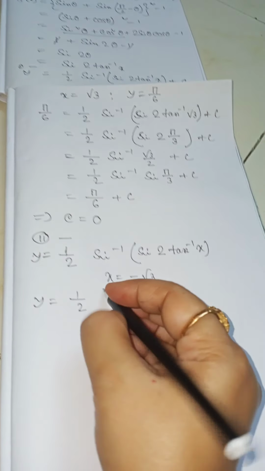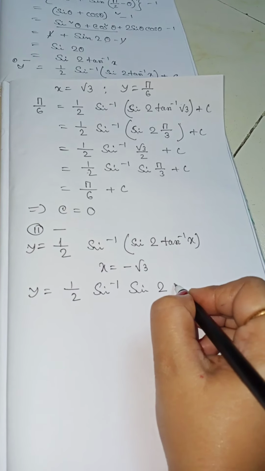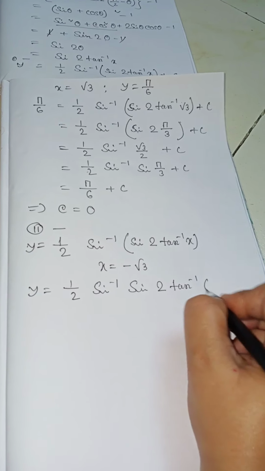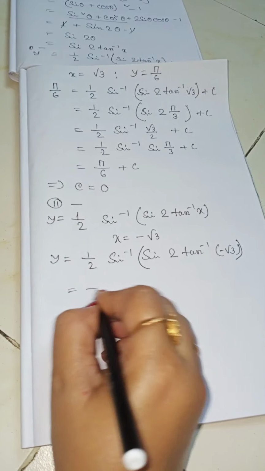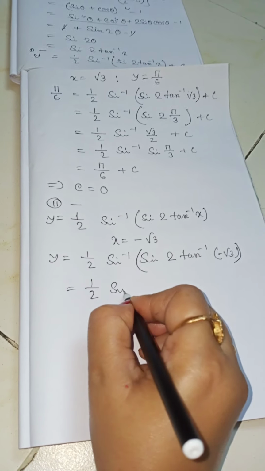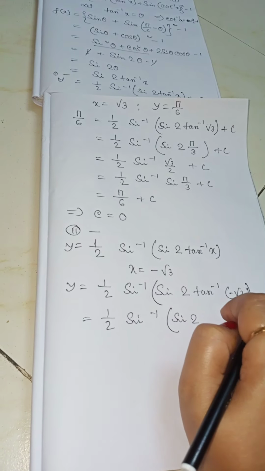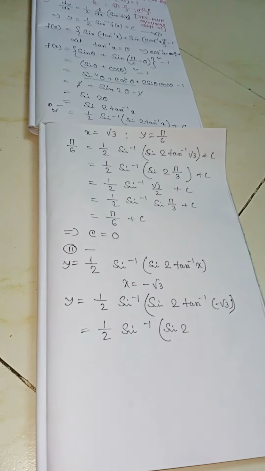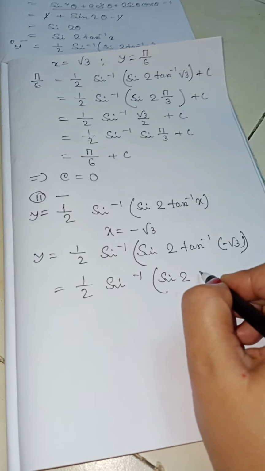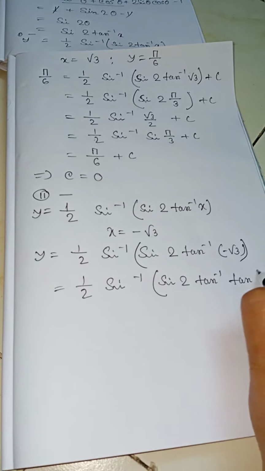Now y = (1/2) sin⁻¹ sin(2 tan⁻¹(−√3)). We know −√3 = tan(−π/3), so it is written as tan⁻¹ tan(−π/3).